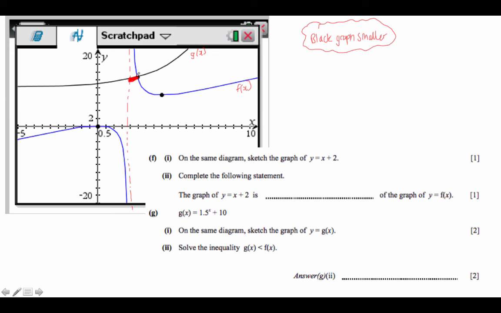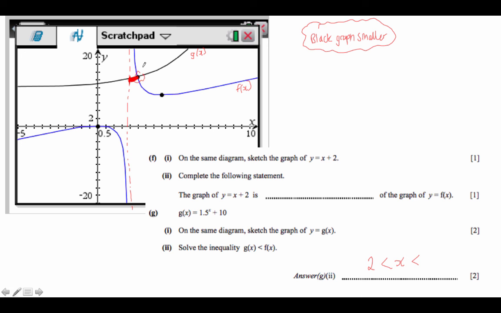So we need to write this in the correct notation. So we want all the x values between something and something else. Well, when did they cross over? Well, the g of x became smaller after the asymptote. So we're going to say after 2, because that's where the vertical asymptote was, x equals 2, the black graph is smaller, and that is true up until the two graphs intersect.